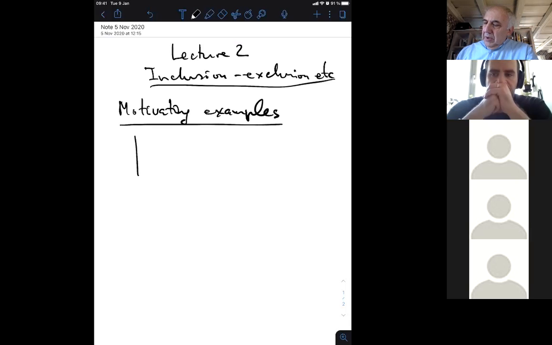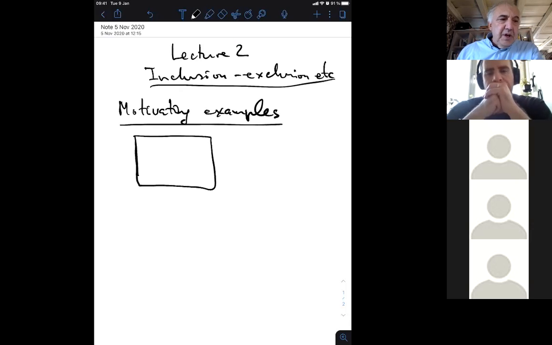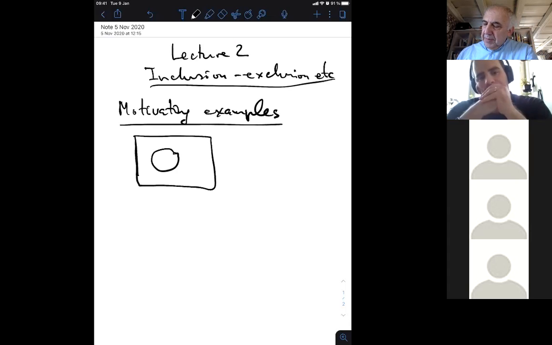Say we have our global finite set in which our subsets will be residing, and we have, in the simplest case, a couple of subsets A and B with non-empty intersection.